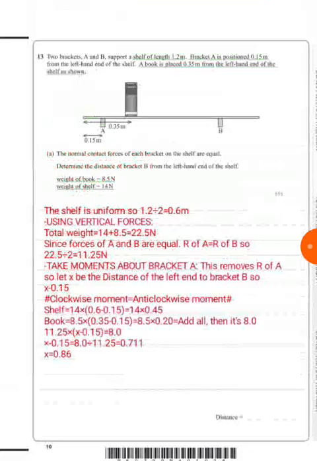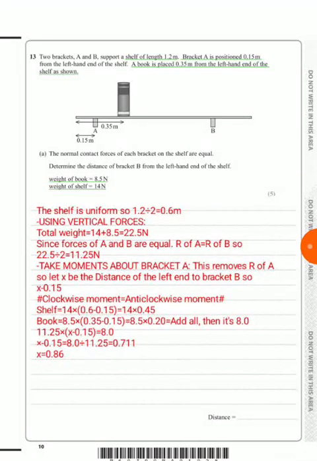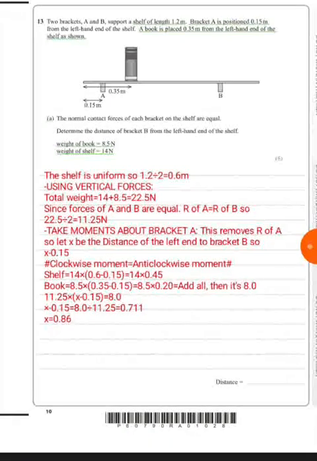Since the forces at A and B are equal, the normal contact force R at A is equal to that at B. So 22.5 divided by 2 equals 11.25 newtons. So the forces acting on A and B are both equal. Therefore, the normal contact force acting on A is 11.25, and the force acting on B is also 11.25.